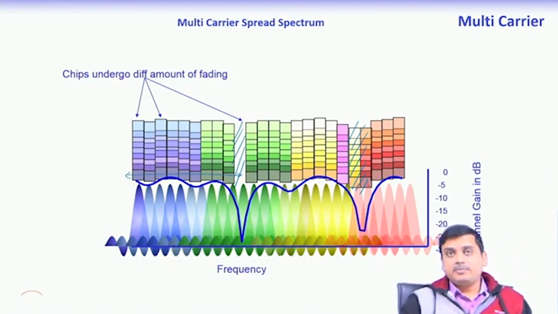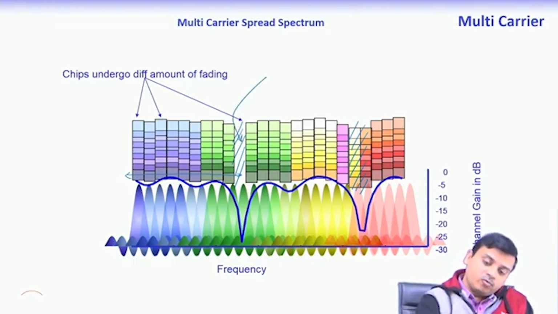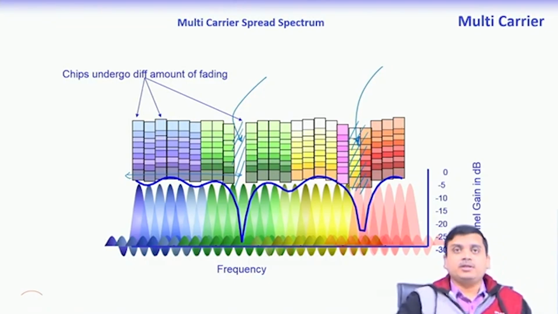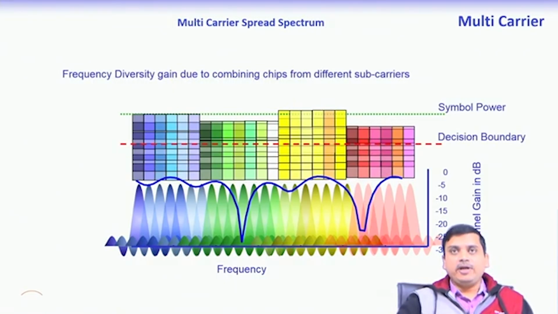If the signals have been spread across several subcarriers, then even a loss of one or two symbols, a fraction of the symbols, does not cause a major problem, because one can combine the chips of the code and effectively increase the signal power to a sufficient level, so that it crosses the decision threshold.